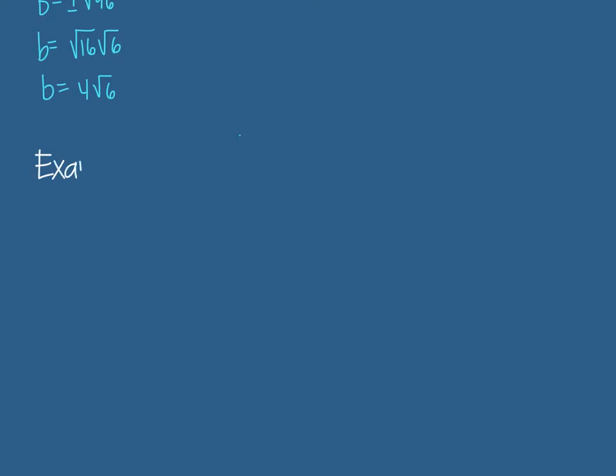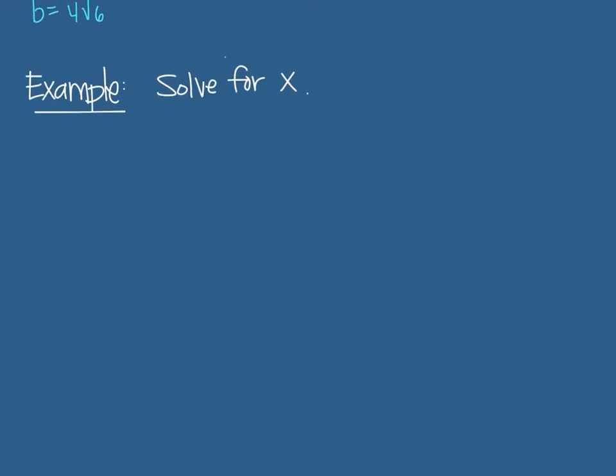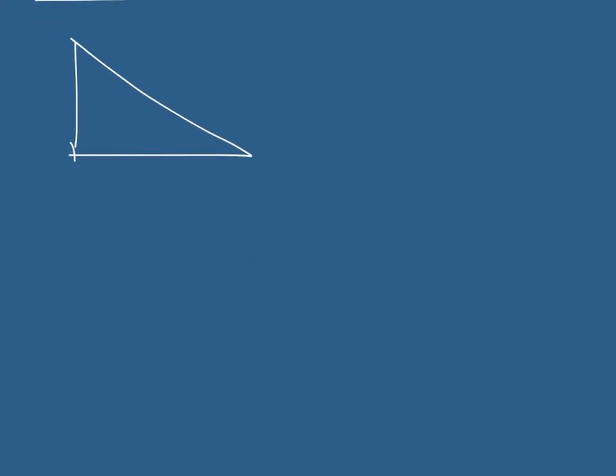All right, here is the last 2. Solve for x. All right. Here are 2 triangles. Both of them have x in them. Will have x in them when I finish drawing.